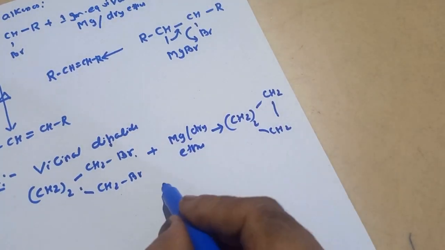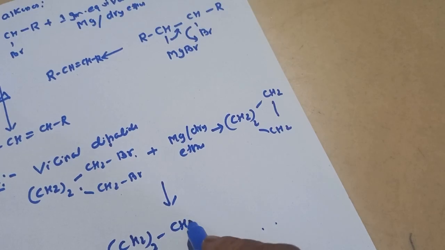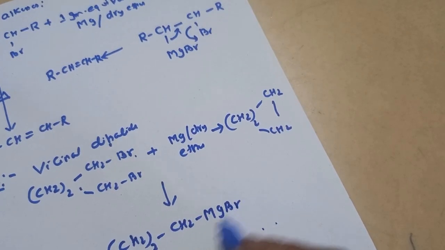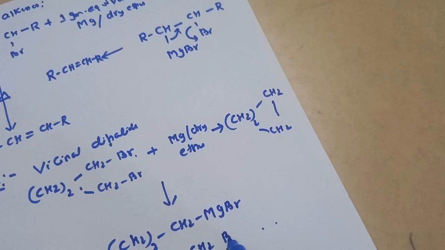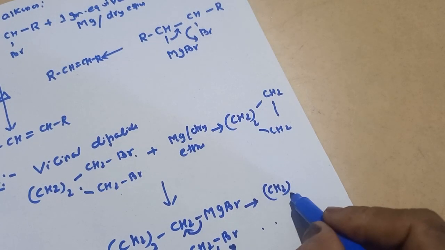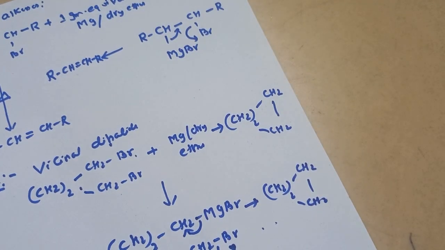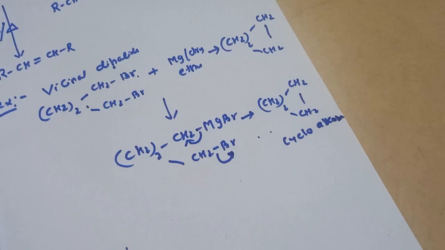How? What is the intermediate here? CH2 twice CH2MgBr and CH2Br. Like the previous example, CH2 twice and CH2, and this is CH2. This is a cycloalkane compound. Right, students?